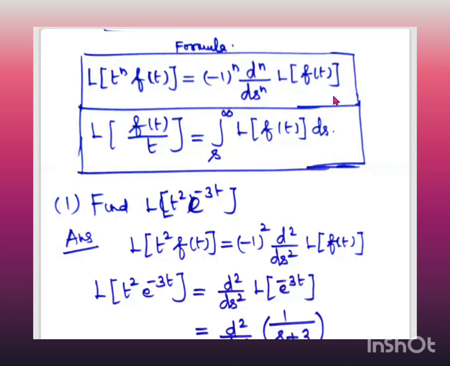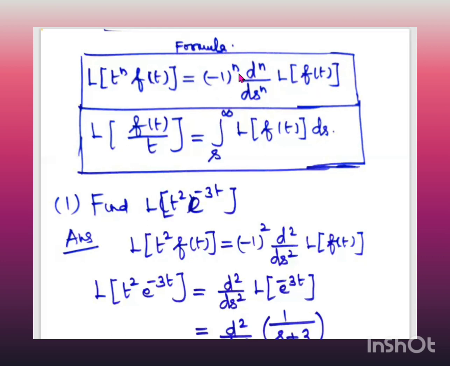This is the formula. Here, let us see one example. Find the Laplace transform of t square e power minus 3t. So it looks like the formula L of t power n f of t. Instead of n, here is a 2. L of t square. So on the right hand side also, for n, you have to apply 2. So minus 1 power 2, d power 2 divided by ds power 2, L of f of t.